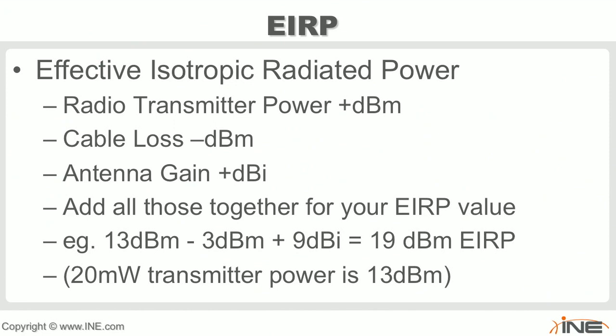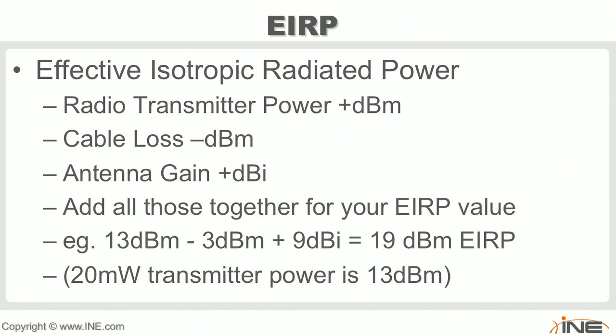So we're subtracting 3 dBm, now down to 10. Plus we have an antenna that adds back in 9 dBi. So 13 minus 3 plus 9 is 19 dBm. Again, one of those was dBi, but it's on the same scale, so we can say 19 dBm of effective isotropic radiated power.